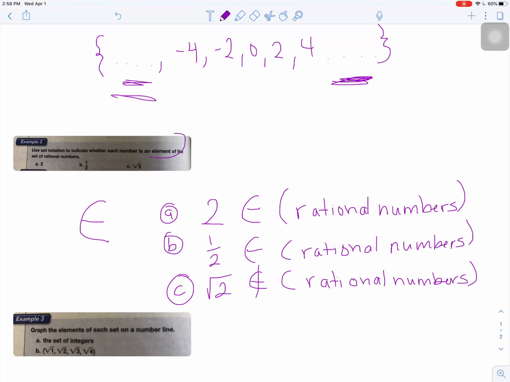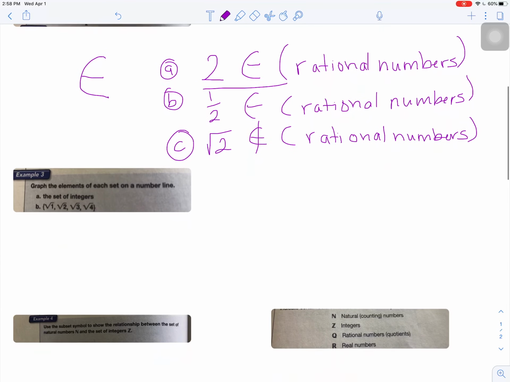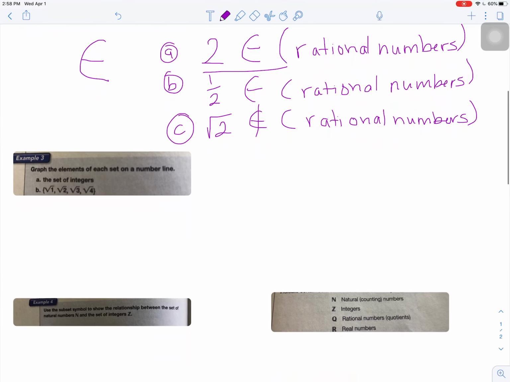Okay, so when they ask you if something's an element of it, they're asking you to write it in this way. Okay? Example 3 asks for you to do it in a slightly different way. They're asking you, it says, graph the elements of each set on a number line. So for A, we draw, sorry, I gotta move my iPad here. It is hard to write this way and I'm writing very messy.